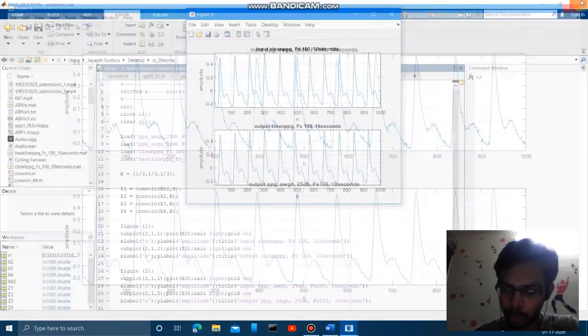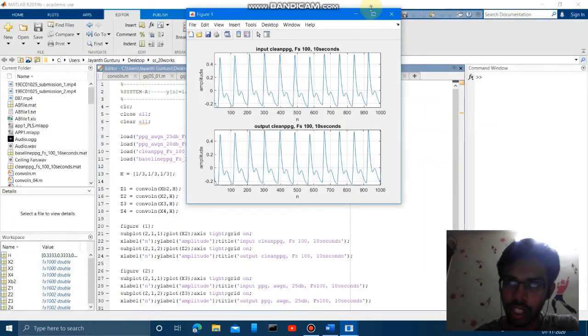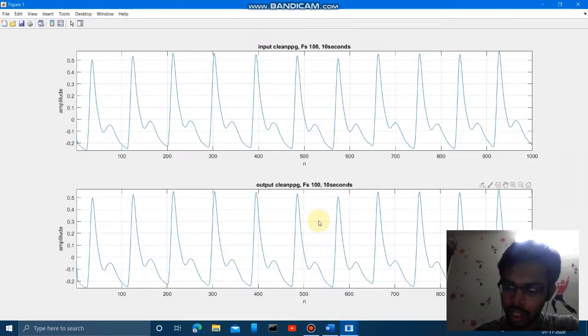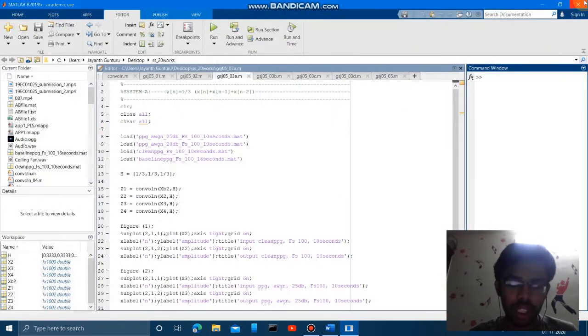And for the last signal, that is the clean PPG, the input and output are similar due to the lower frequency components. That means we can say that the system attenuates the signals with higher frequency and passes the signals of lower frequency. So this system is a low pass filter.